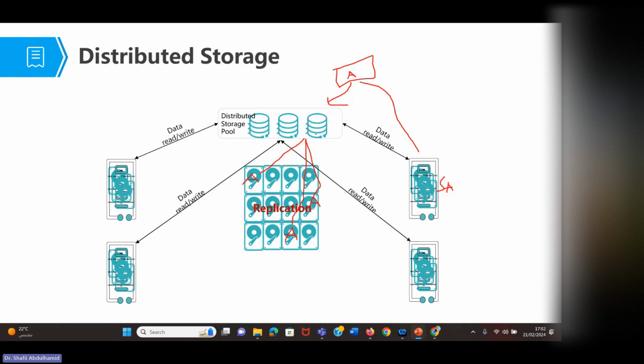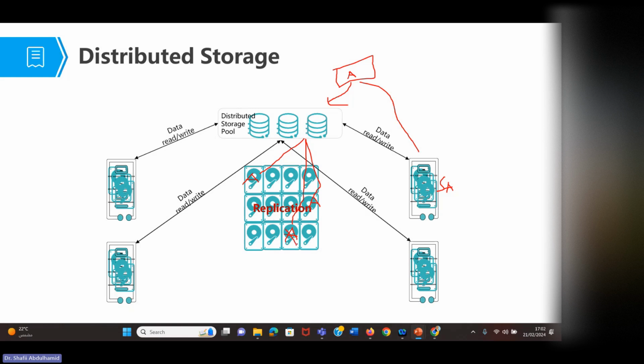The good thing is these physical devices are only connected through the network, but they are distributed across. So they are not physically in the same place, basically. I hope I'm trying to be as clear as possible, so I hope this information is passed. This is the essence of replication.